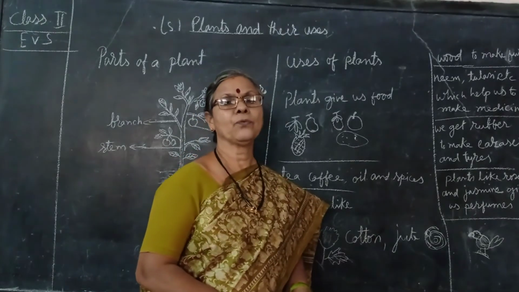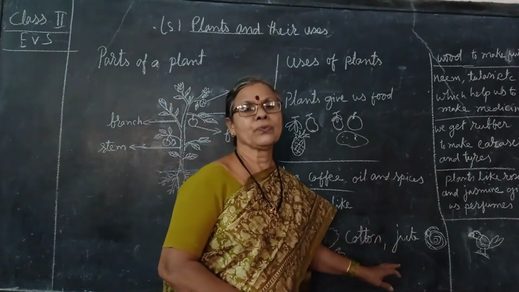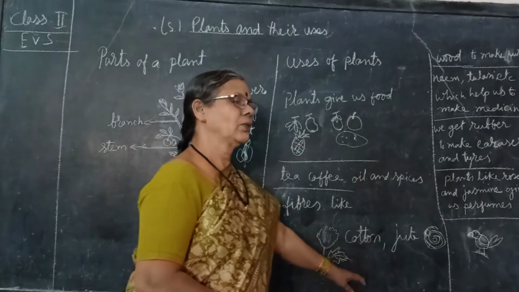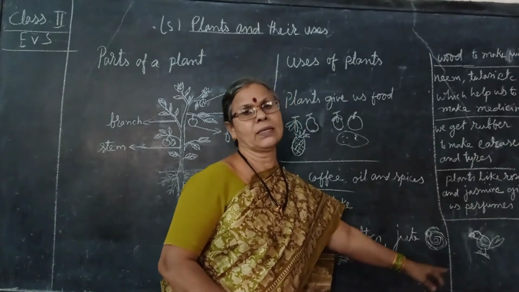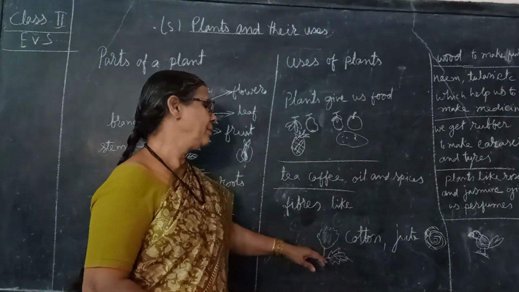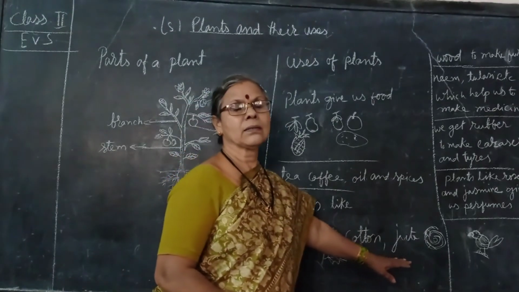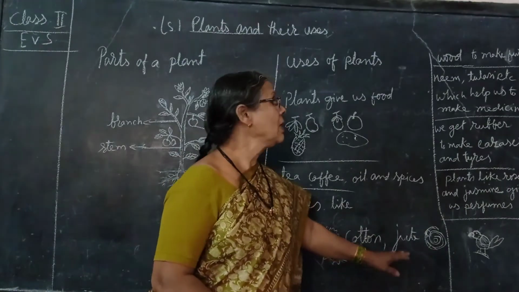Cotton. Mainly the clothes we are wearing, we get fibers. Cotton clothes we get from the cotton plant only. And we get jute from the jute plant to make ropes, big ropes. These things we are getting from the plant only.